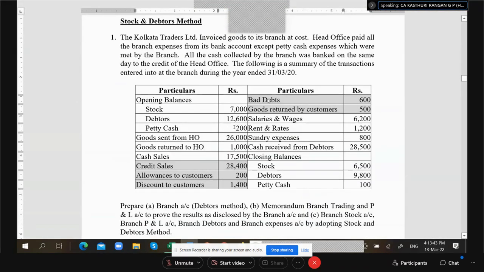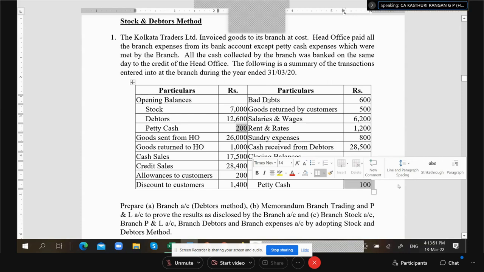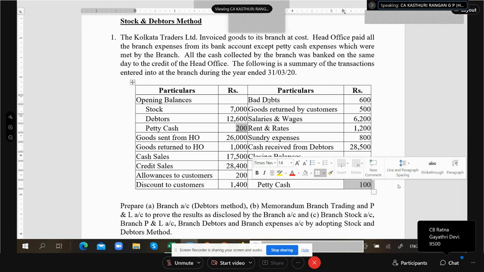See, what is the opening balance of petty cash? 200. What is the closing balance of petty cash? 100. And during the year, HO did not send any money to the branch, correct? So how did 200 become 100?